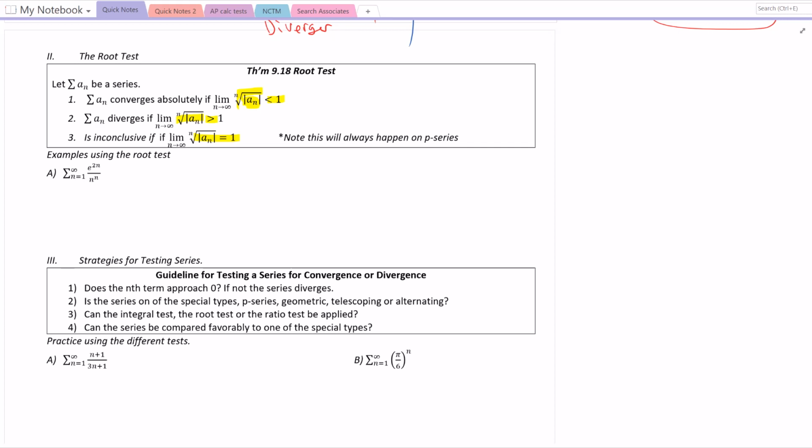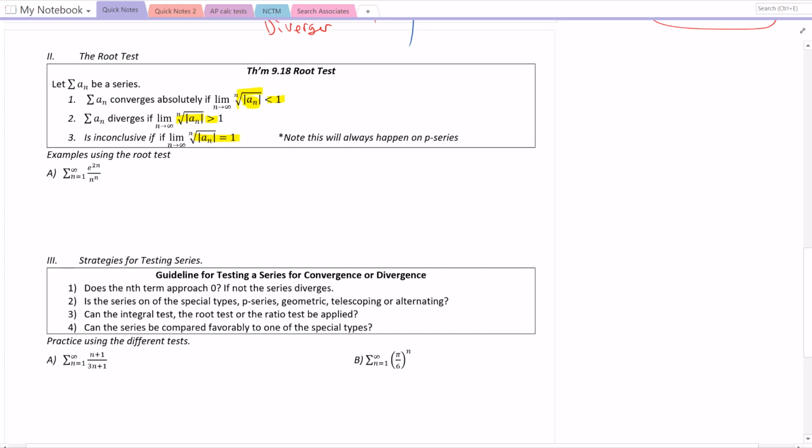So, here we are. What we're going to do is first check. It's a little bit hard to check. We don't know how n to the n grows, but n to the n is definitely going to go faster than e to the n. So the nth term test goes to 0, so we don't know that it diverges yet.